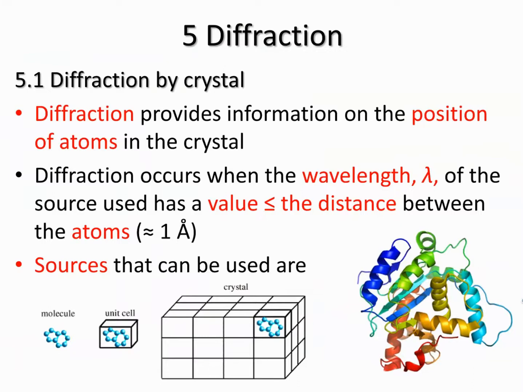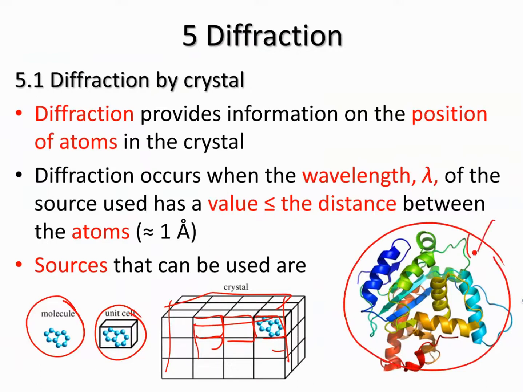Okay, so this is a molecule. When you put the molecule into the unit cell, which is the smallest repetitive component, and then when we have many unit cells and stack them together, you get the crystal structure. And this is the structure for the protein.